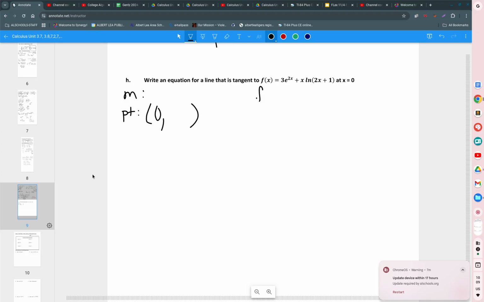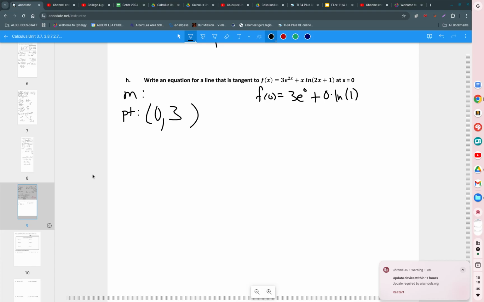So I have f of 0 is equal to 3e to the 0 plus 0 times the natural log of 1. What is anything to the 0? 1. 1 times 3? 3. And then 0 times that will be 0. So I have 3 is my y value.